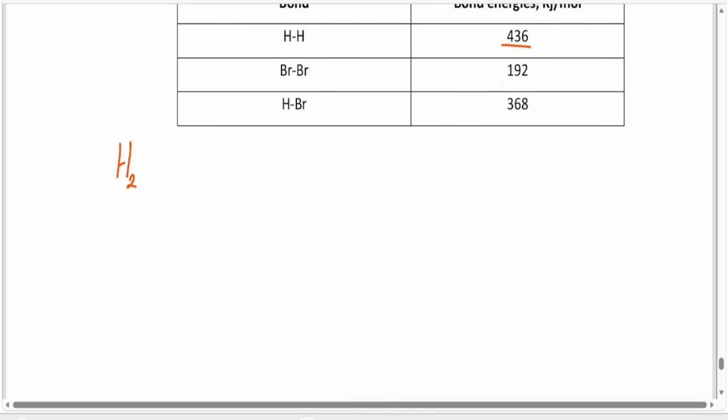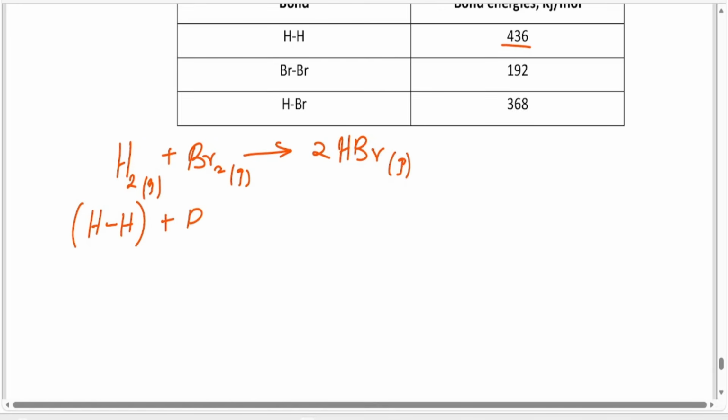So I begin by rewriting my equation. I have hydrogen gas plus bromine gas giving us 2 moles of hydrogen bromide gas. When I open up the bonds, I will have hydrogen plus bromine, and I obtain 2 hydrogen bromide bonds.